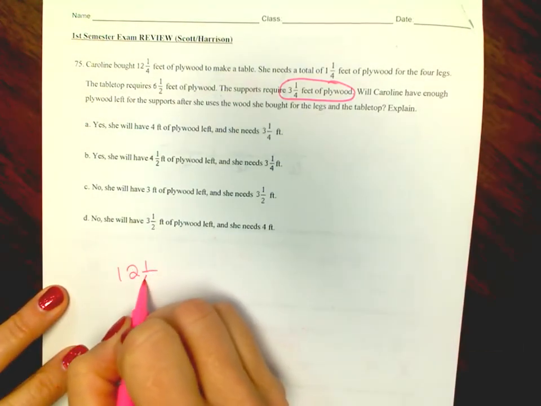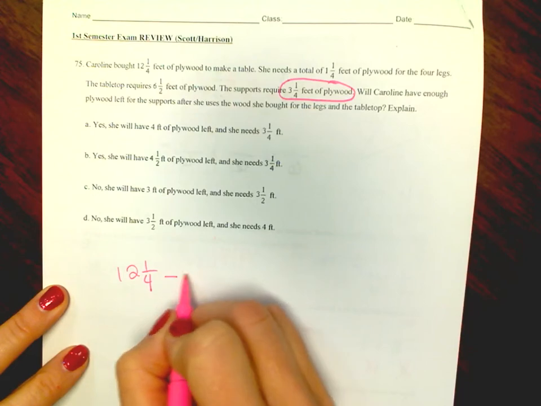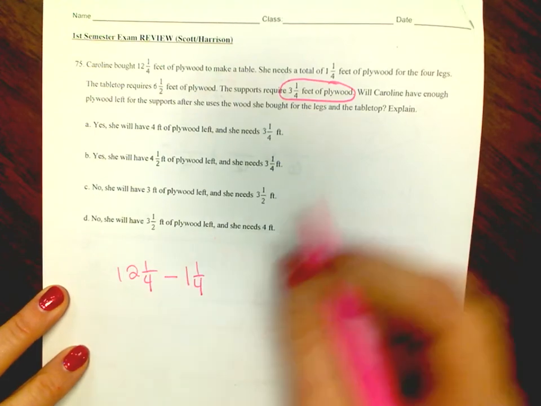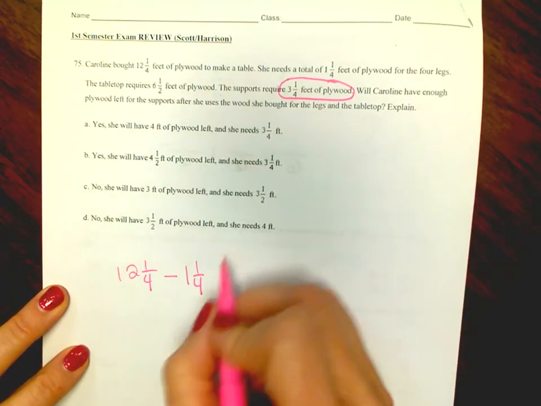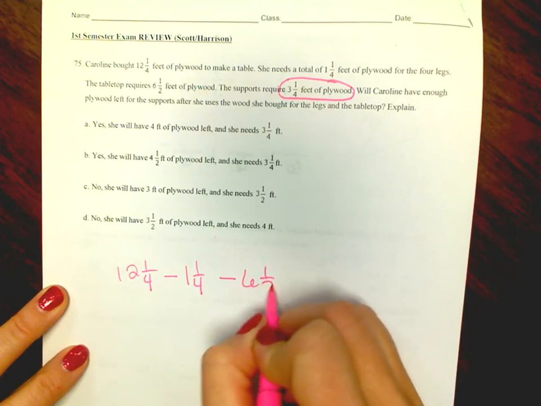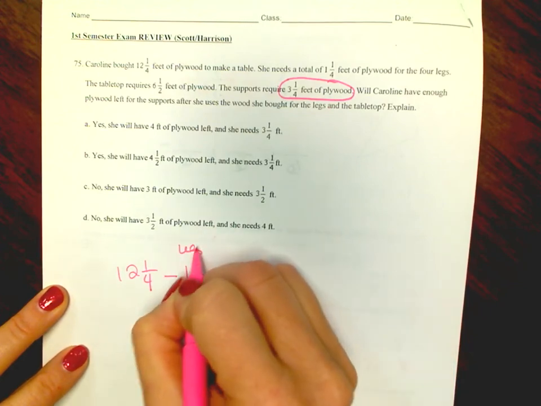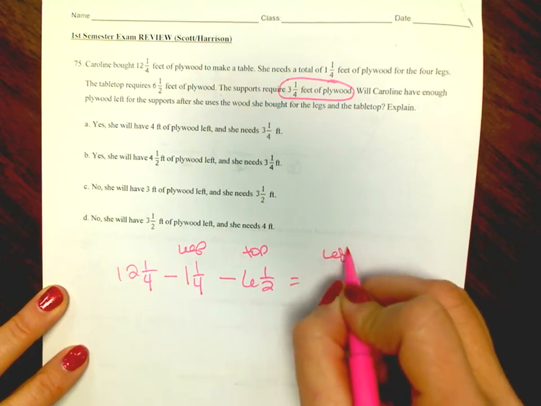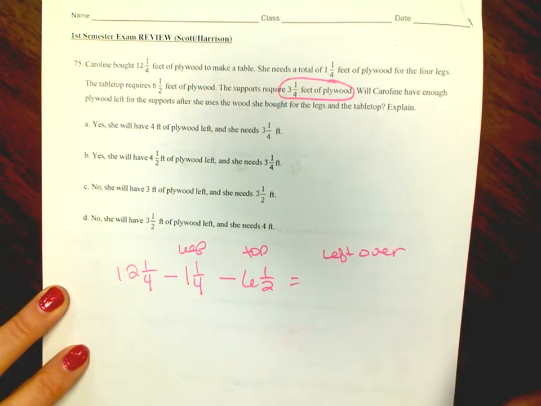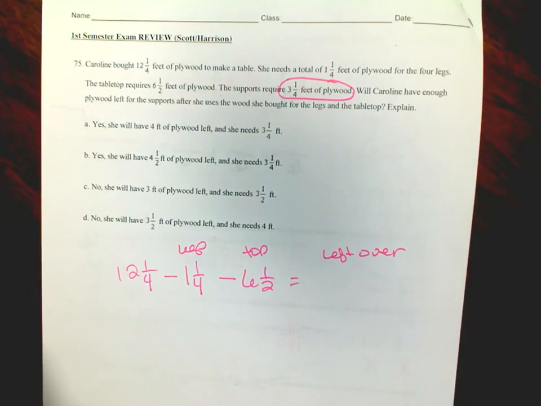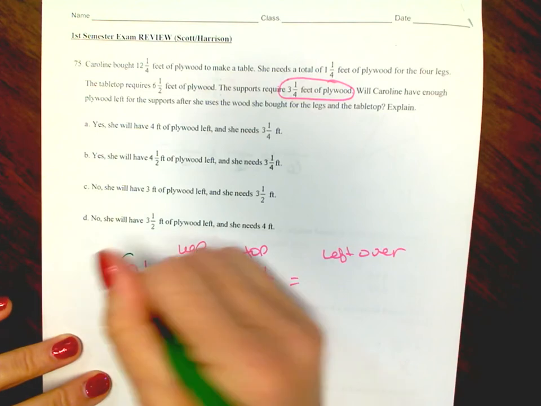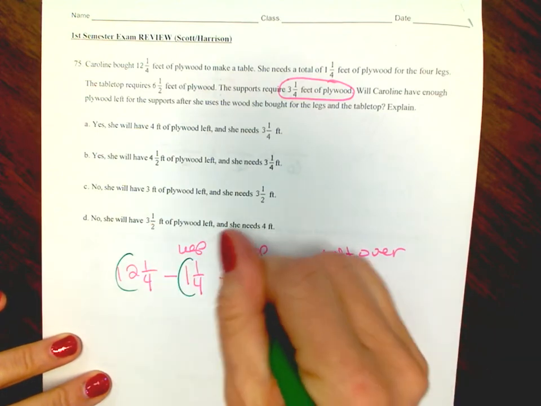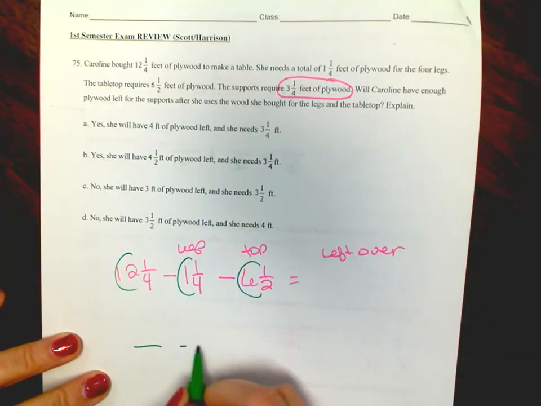You start with 12 1/4. You're going to subtract 1 1/4 for the legs. And then the tabletop, another 6 1/2 for the top. This is the legs, this is the top, and this is left over. Is it enough to make the supports? So remember, C-trick and then common denominator.